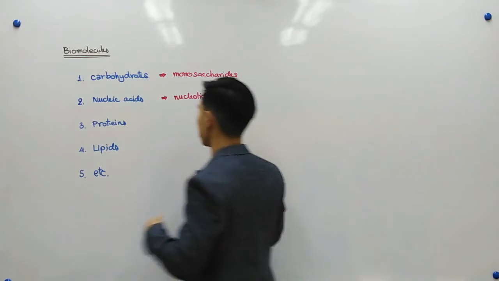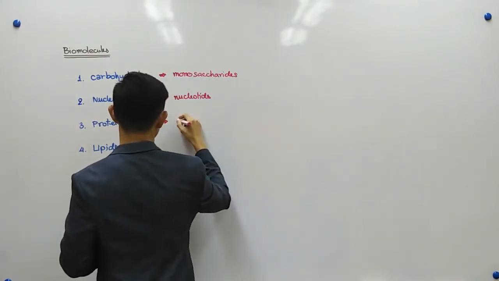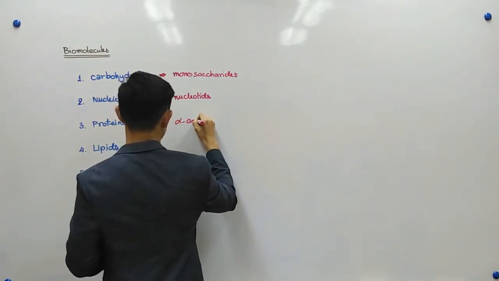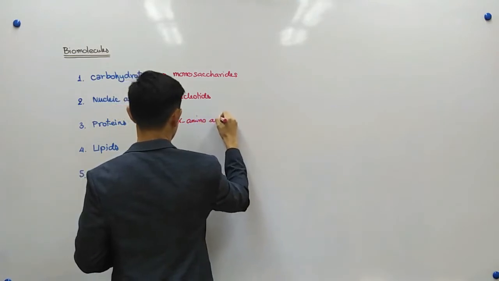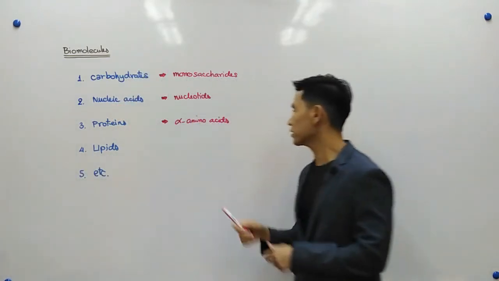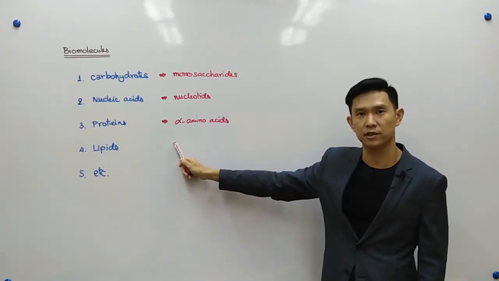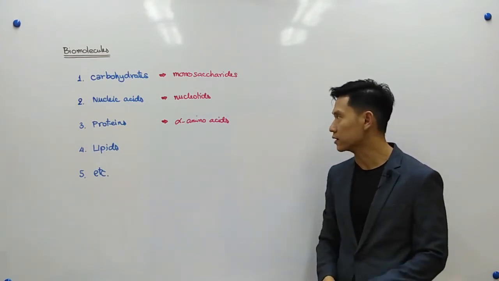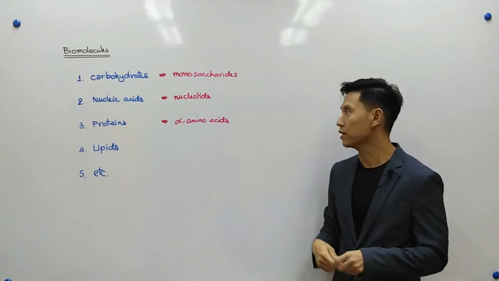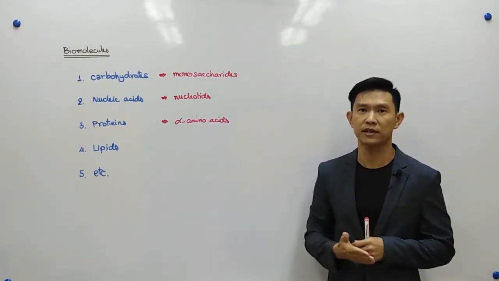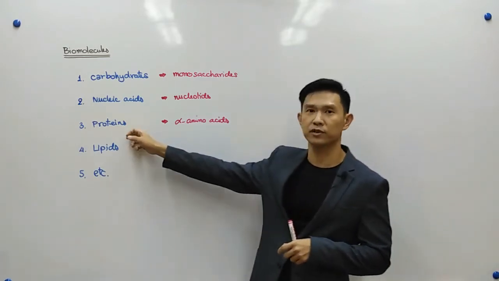Then we have proteins. The building blocks of proteins are the alpha amino acids. From the name, it is a carboxylic acid with the amino group at the alpha position, so we call these the alpha amino acids. Again, the alpha amino acids undergo polymerization, and at the end you have proteins.